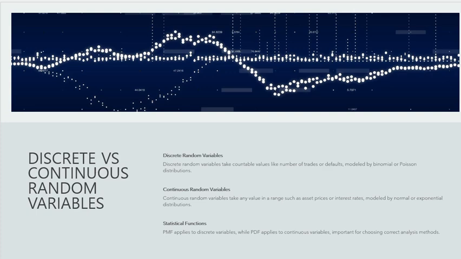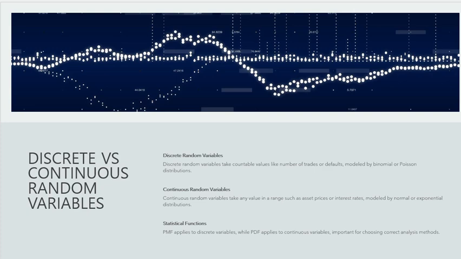On that basis we differentiate whether a variable is continuous or discrete. Discrete random variables take specific countable values. Examples include the number of defaults in a loan portfolio, or the number of trades executed in a day. That is what we calculate with a discrete random variable.